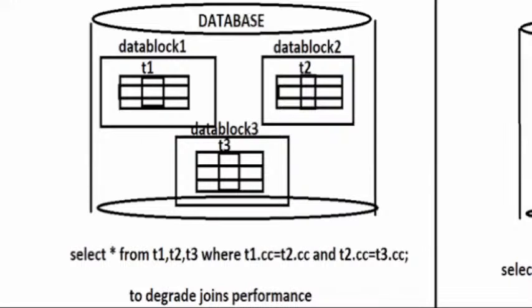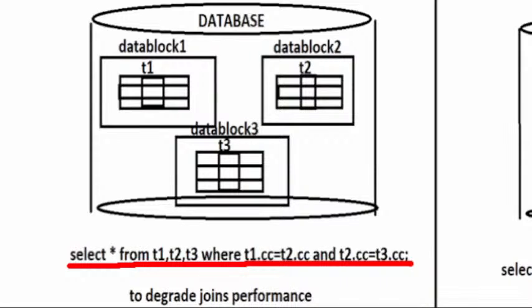So on these non-clustered tables, if a user writes one join statement: select star from T1, comma T2, comma T3, where T1 dot common column is equal to T2 dot common column, and operator, T2 dot common column is equal to T3 dot common column. You already know how we write the chain conditions in between tables.